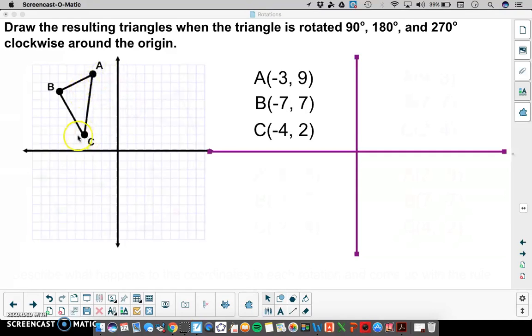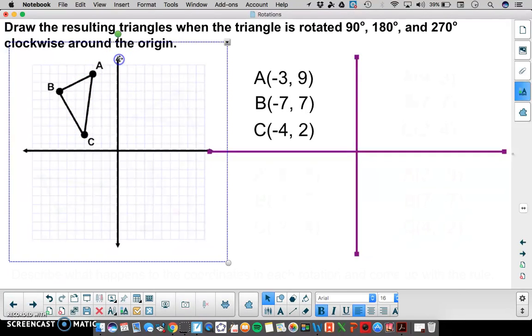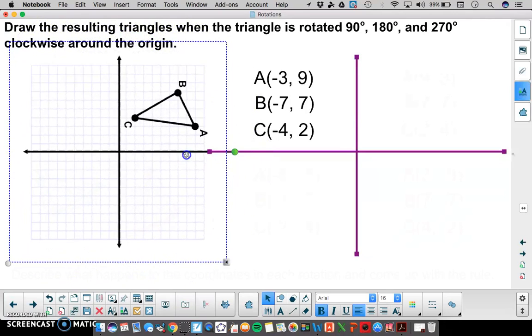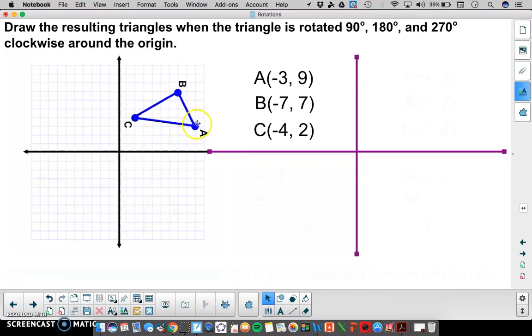So to rotate this 90 degrees, I'm going to take my figure and rotate it 90 degrees. And then I'll realize that I have this blue triangle. This blue triangle is going to be my 90-degree rotation.